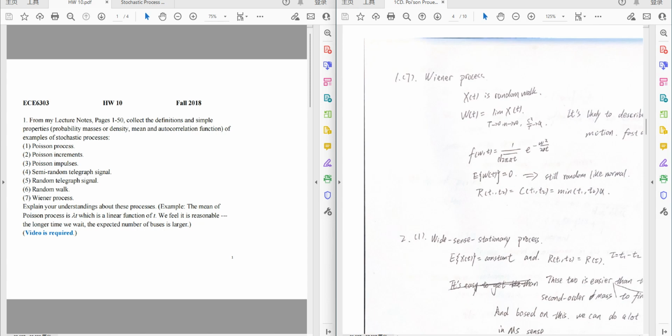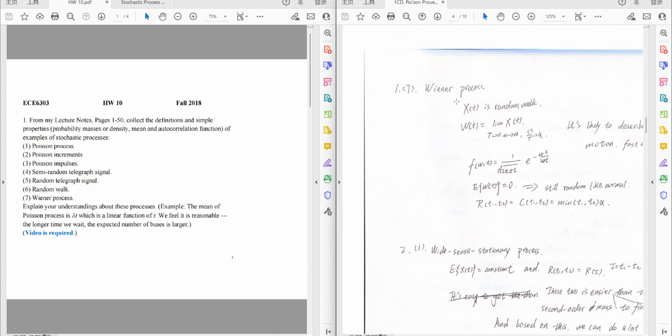And now is the seventh. The seventh is the Wiener process, where Xt is the random walk and Wt, the Wiener process, is the limit of Xt when t is near to 0 and n is near to infinity, with s squared divided by t near to alpha.